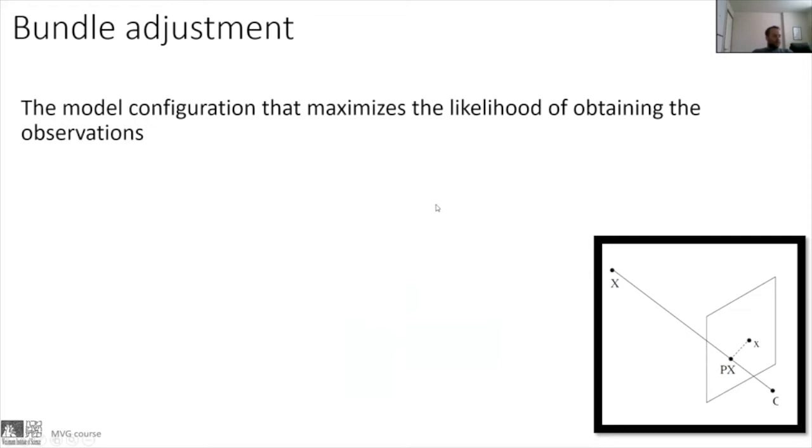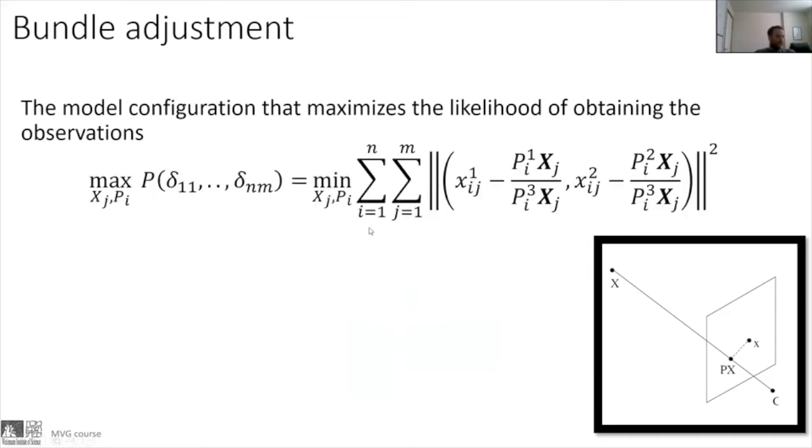So it turns out that under the assumption that we made, that the projections are corrupted by Gaussian noise, the configuration that maximizes the likelihood, and you will prove it in your next exercise, is to minimize the sum of reprojection errors. And it's worth mentioning that in this sum, we sum over all the 3D points.